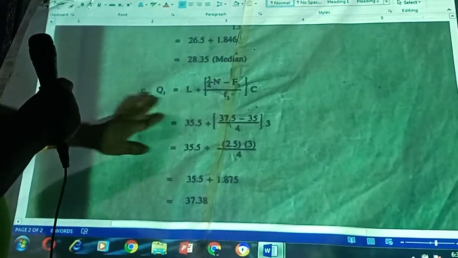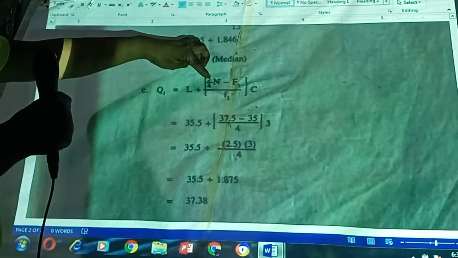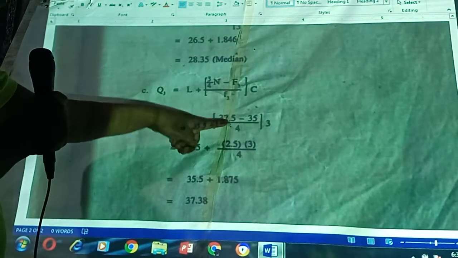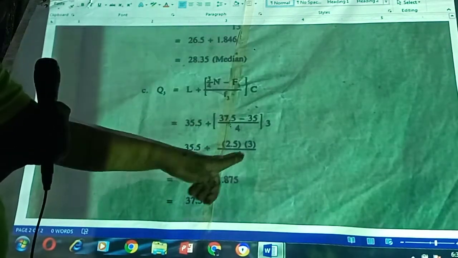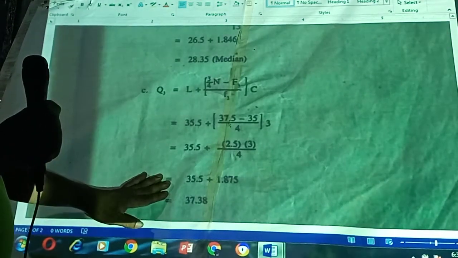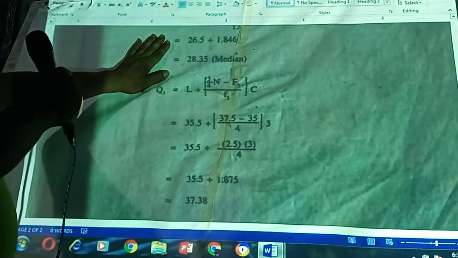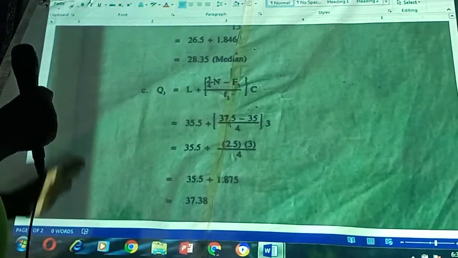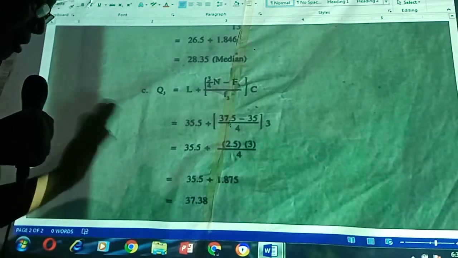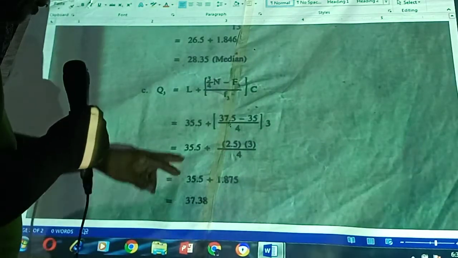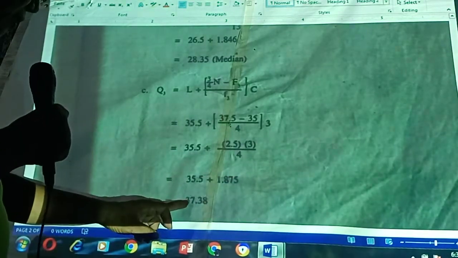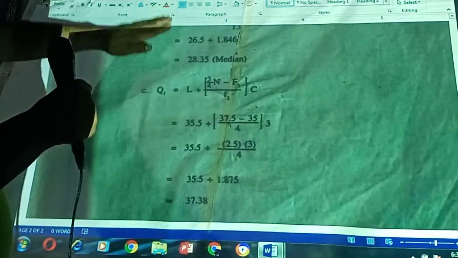Again, 3 times 50 divided by 4 is 37.5, minus the big cumulative frequency, 35. You already know how to get the cumulative frequency of a table. The lesson is already fully baked for each and every one of you.